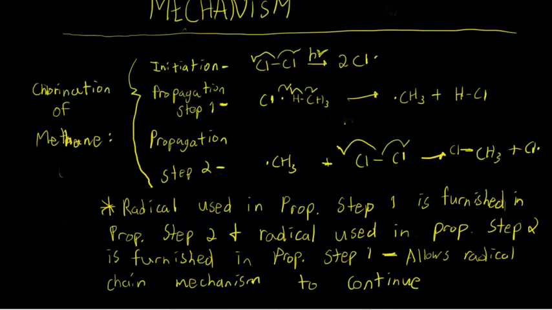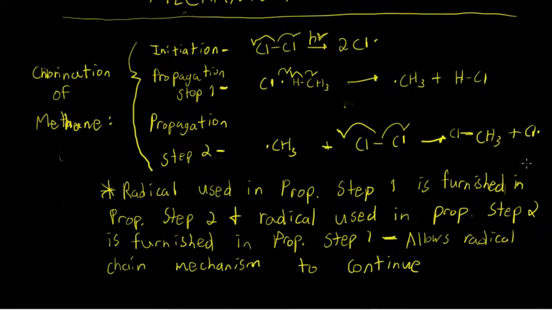And this is really imperative to the continuation of this radical chain mechanism. So if this radical is not furnished, then you cannot have chlorination again. Like you cannot have hydrogen abstraction by chlorine again unless this chlorine radical is actually furnished.